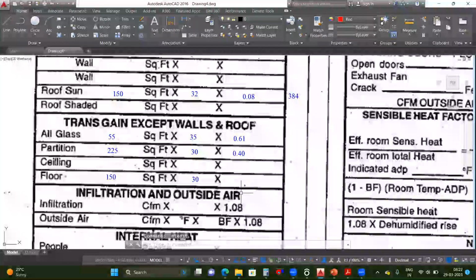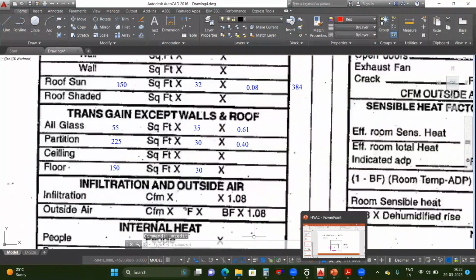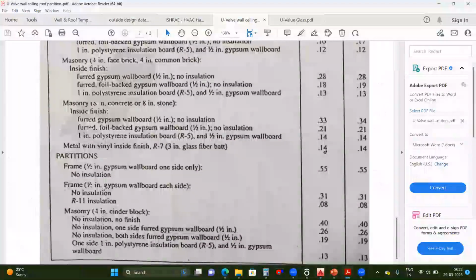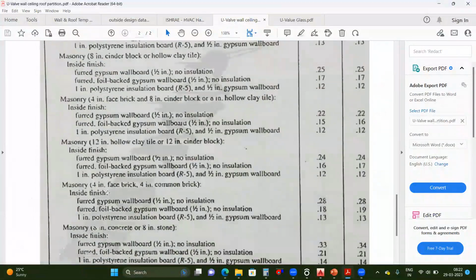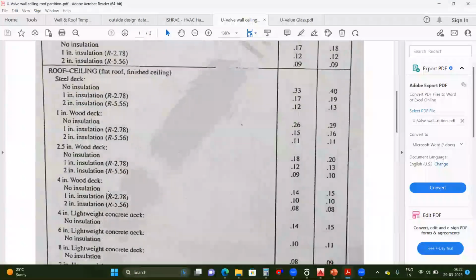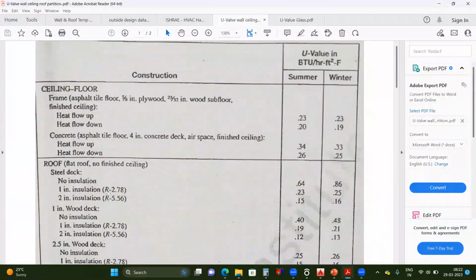Okay, so next one is the floor value. The floor also we can find in the same sheet: partitions, walls, roof, ceiling and floor. So this is the floor value. Here we have two values: floor, tile floor, plywood and concrete deck.